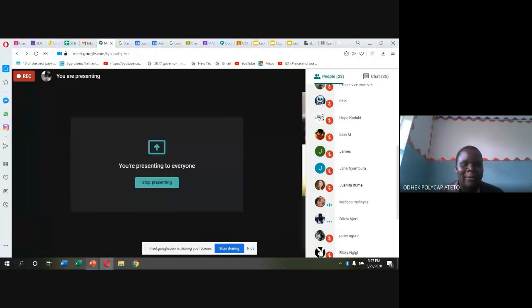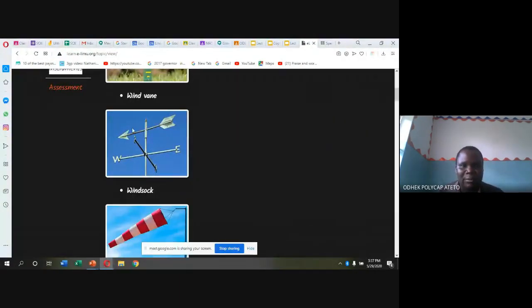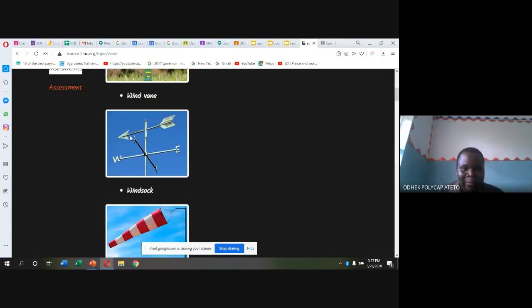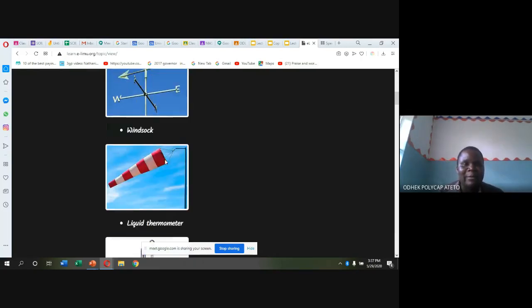Olivia. Yeah, correct. So this one is talking about air in motion. This thing is going to move. The arrow points to where the wind is blowing from. The tail points to where the wind is going to. That is the wind vane.